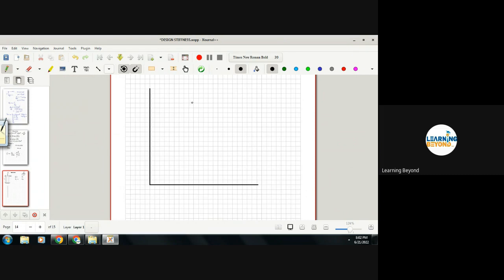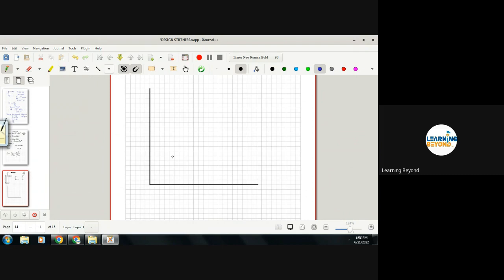Now, when you do this, any material first shows a linear graph.